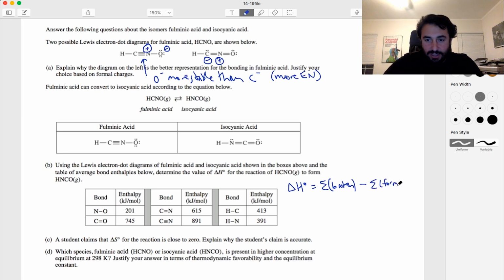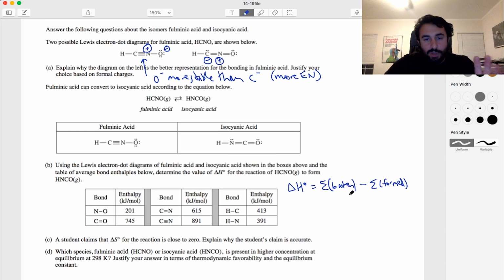Those are those little sigmas, right? It's an uppercase sigma, which means add them up. So we add up all the bond enthalpies of what's been broken, and then we add up all the bond enthalpies for the bonds that are formed, and then we subtract. Then we do a subtraction, and that's how we get delta H.